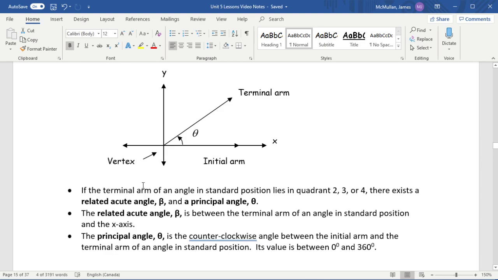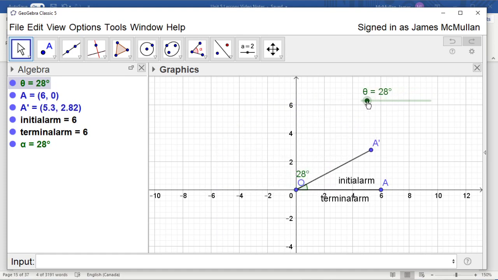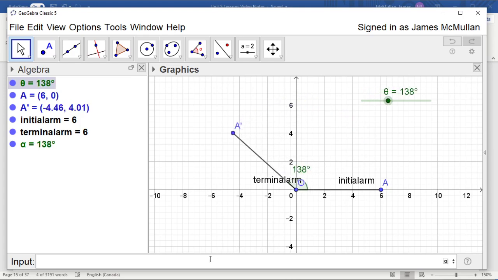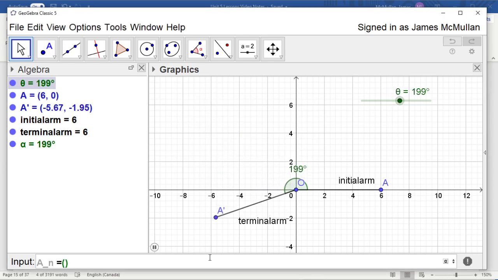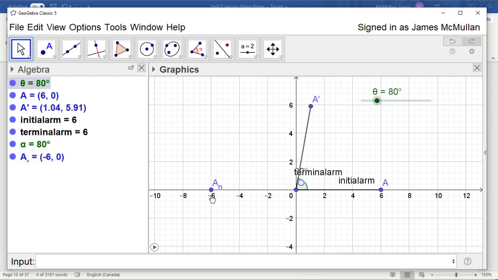Now, when you draw an angle into another quadrant, there is a second angle I want you to consider, and that angle is over here. I'm going to call this AN. This is the negative x-axis and the positive x-axis.